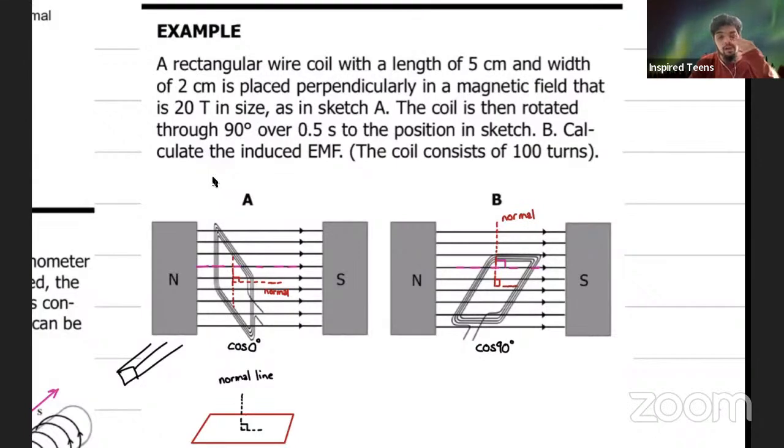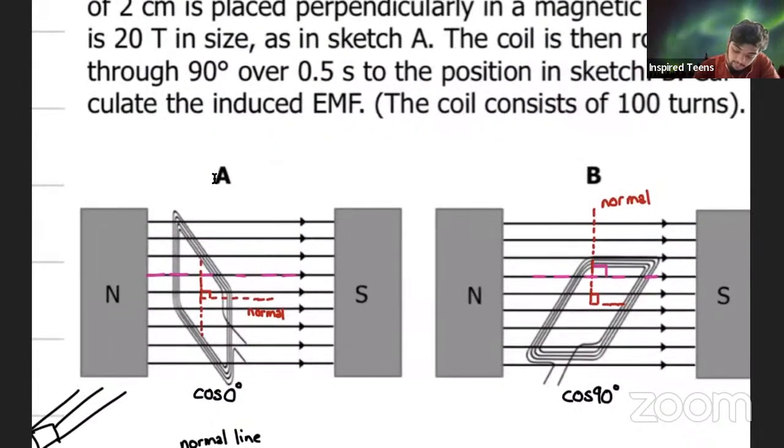Okay, so firstly, induced EMF, let's take note of the formulas.